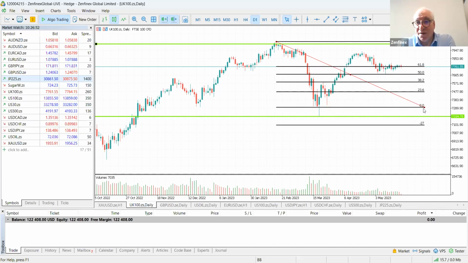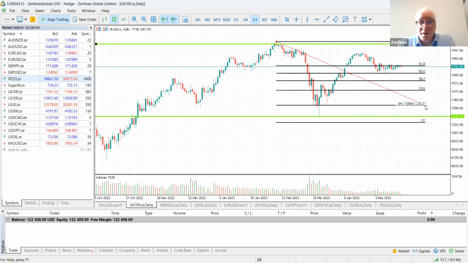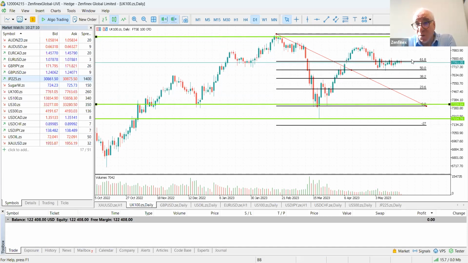You'll notice I didn't go exactly to the bottom of that wick, probably because this also is showing a much heavier level than just a spike. So it just spiked, but this is probably the true level. And exactly, you may think I'm trying to curve fit the 618, but it does make sense.